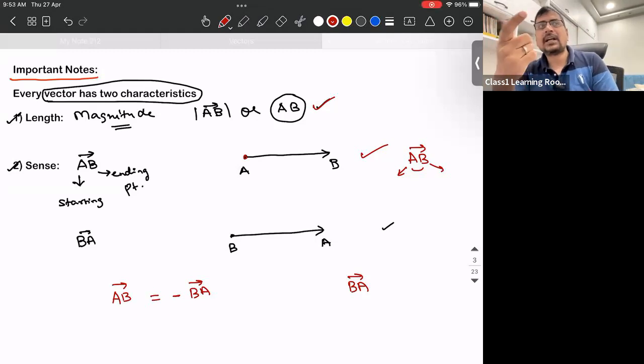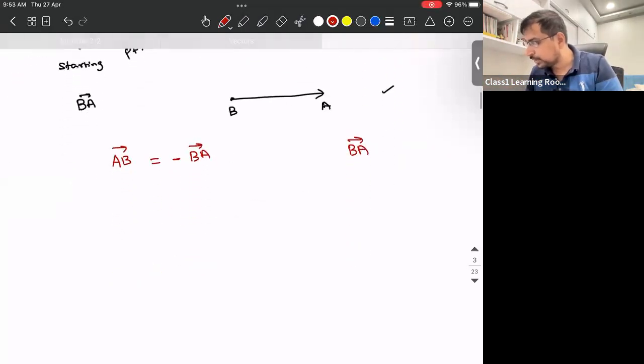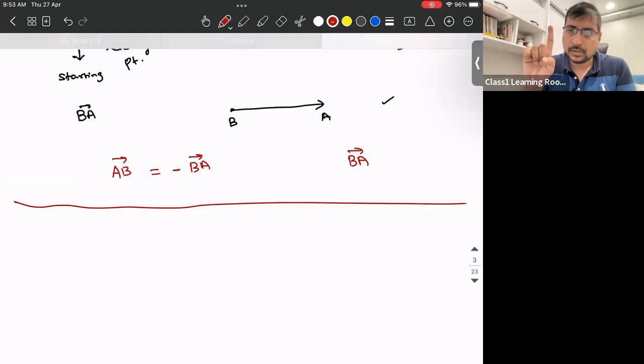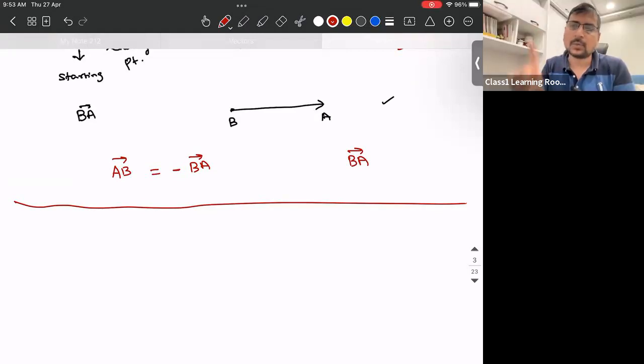When I explained the magnitude, I introduced the concept of orthogonal unit vectors and unit vectors also. So just look at your notes and tell me what a unit vector is. A unit vector is a vector whose magnitude is one. It can be 1 centimeter, 1 millimeter, 1 micrometer, it will be one.